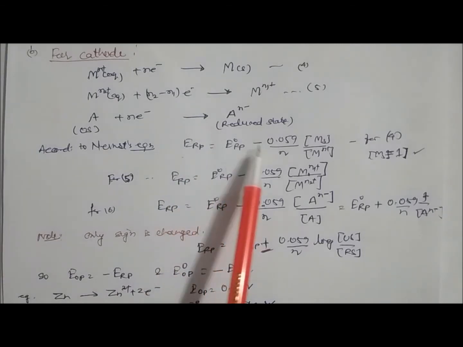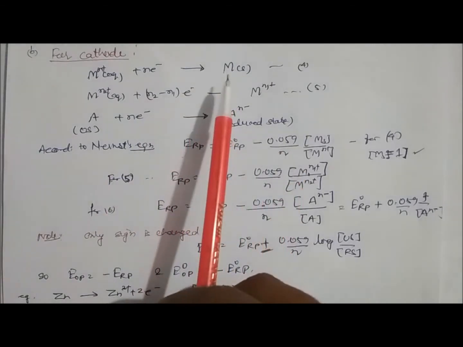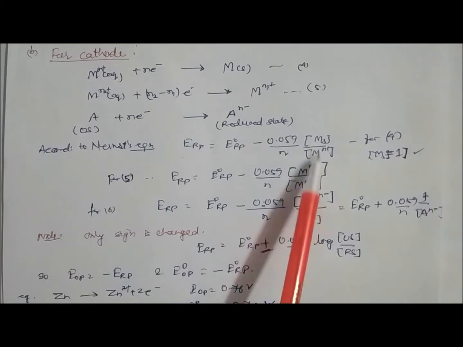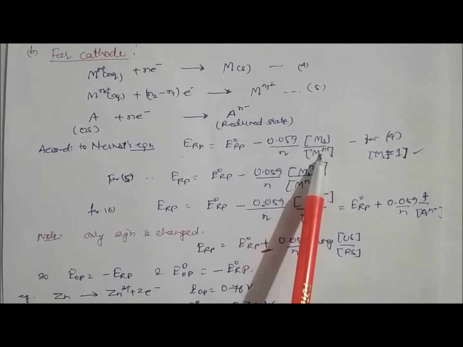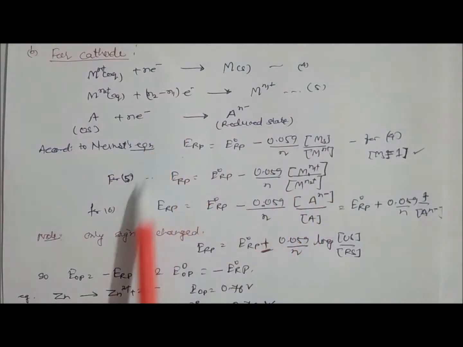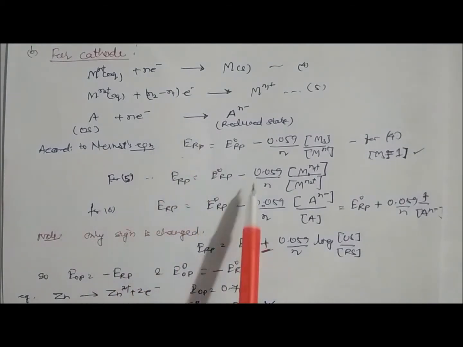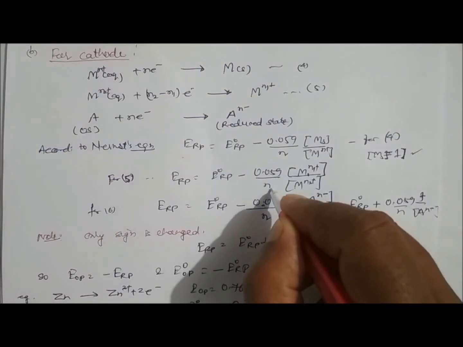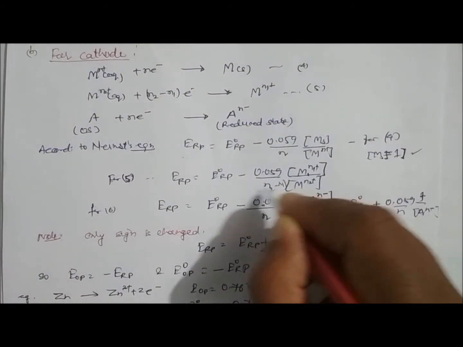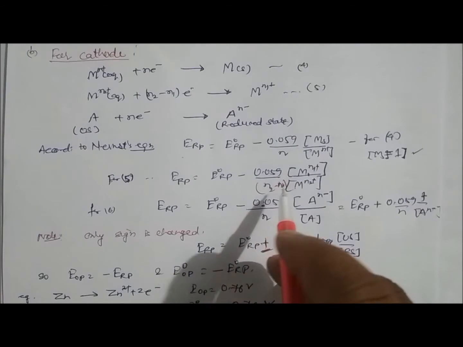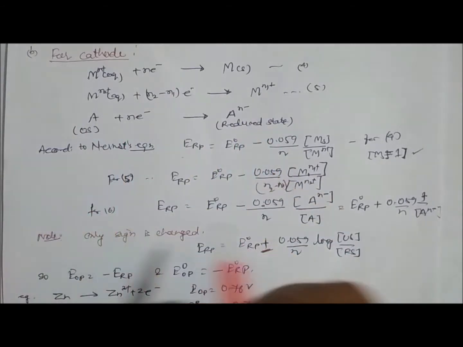E naught Rp minus 0.059 by N, and M by this whole equilibrium; M is 1, so this becomes 1 by M. For the fifth one, again ERP is E naught Rp minus 0.059 by N, and this will be N2 minus N1. I forgot to write N2 minus N1, and this will be Mn divided by this one.